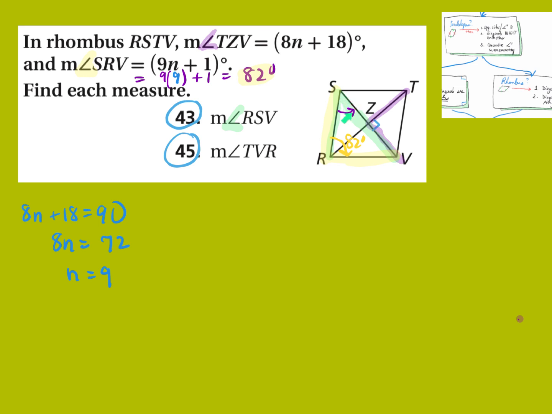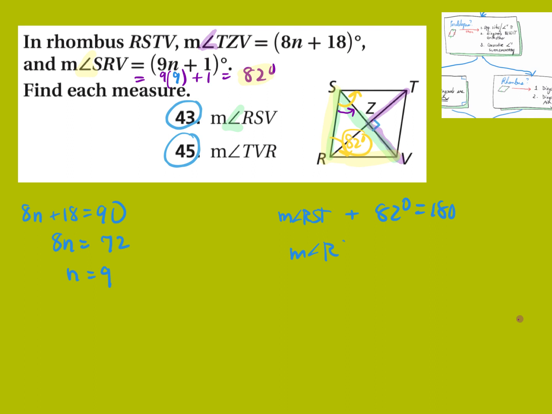And since a rhombus is a parallelogram, rhombuses are underneath the parallelograms, then we know that consecutive angles are supplementary, which add up to 180. So this whole angle over here, which I'll show with a yellow rotation, that angle plus 82 degrees is 180. So whatever that angle is there, which is RST, plus 82 degrees equals 180.